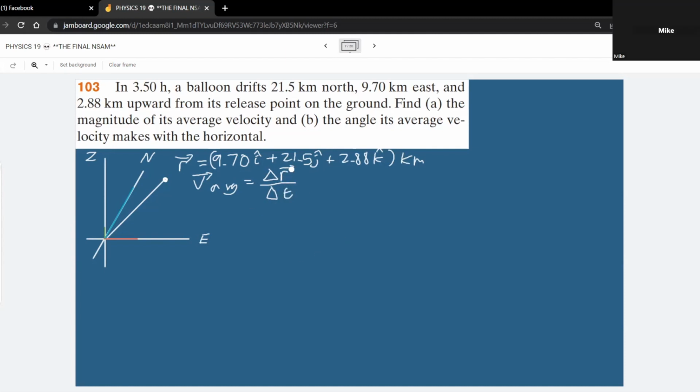So, I think maybe we should just write it down as delta R instead of R. Kasi di ba nagsimula tayo sa origin and ended up there. Okay, so evaluate this.